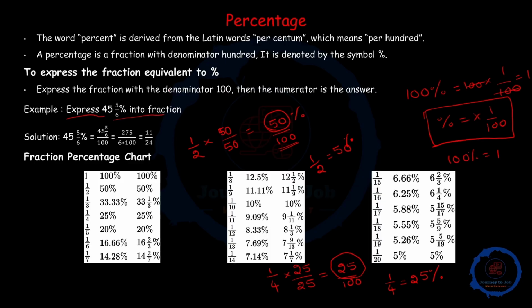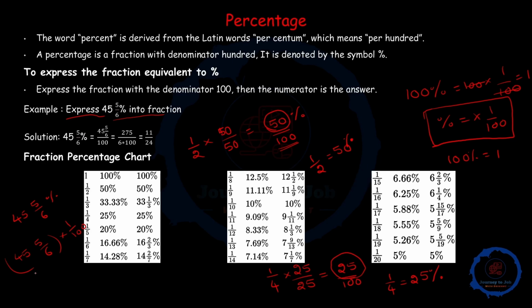Next, suppose express 45 5 by 6 percentage as a fraction. So here it is percentage to fraction. Percentage means 1 by 100. So 45 5 by 6, a mixed fraction, into 1 by 100.